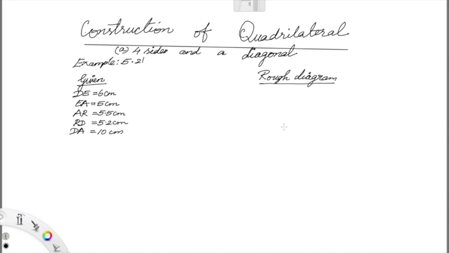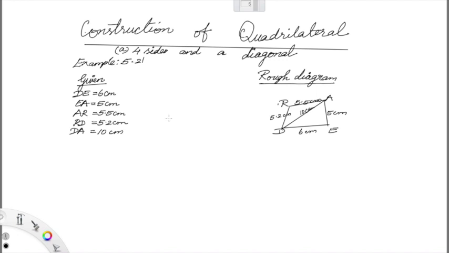You need not see the measurements, just draw a quadrilateral and name it as D, E, A and R. DE is 6 centimeter, and EA and AE are both the same, so it is 5 centimeter. This one is 5.5 centimeter and 5.2 centimeter, and the diagonal DA is 10 centimeter. And now we'll start the construction.